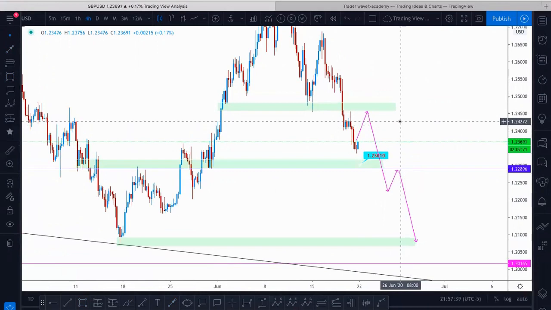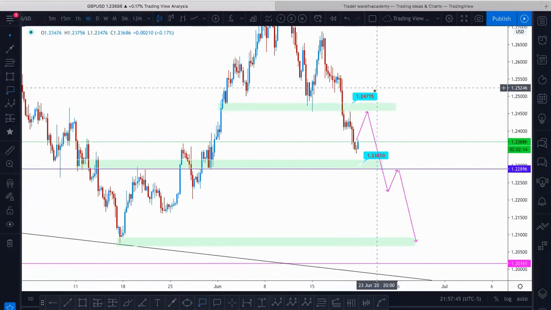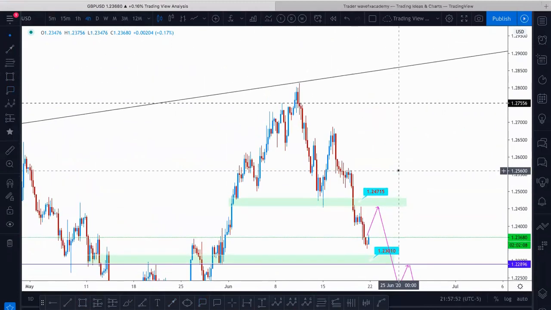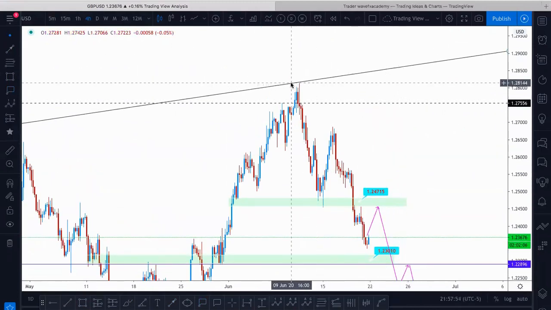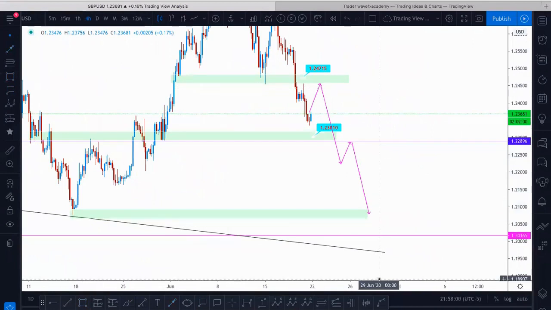The level that I would be using to invalidate this entire setup would be if the market breaks and gives me a confirmed close above 124.70. Then at that stage, I would start to look for long opportunities back into the 128 zone. Right, so that's what I would be looking at when it comes to pound yen. I'm sorry, not pound yen, but the pound USD.